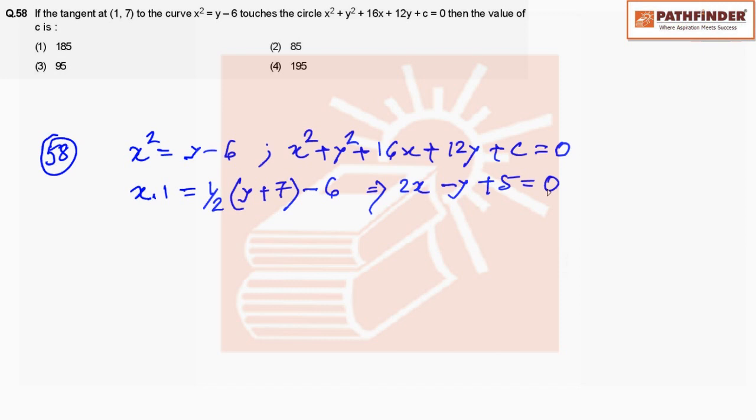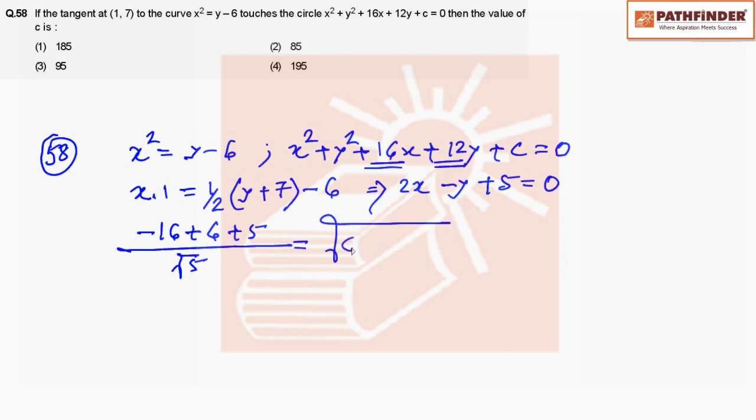The perpendicular from the center of the circle, that is minus 8 comma minus 6, is equal to the radius of the circle. So minus 16 plus 6 plus 5 by root 5 equal to root over of 64 plus 36 minus c.